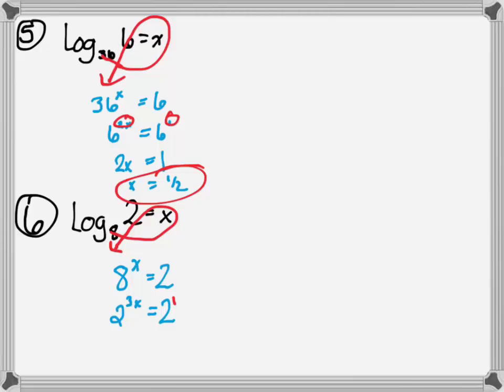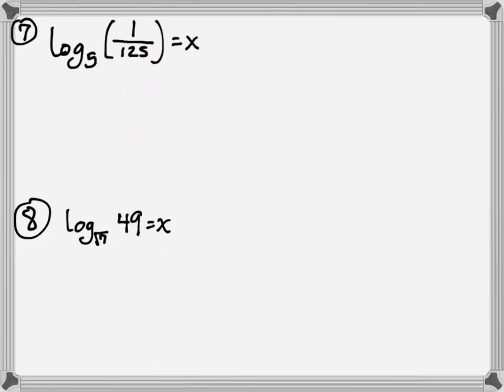Set our exponents equal to each other. 3x is equal to 1, and therefore x is equal to 1/3. And again, on this one, if you identified that the cube root of 8 is 2, and you went x is equal to 1/3, that is okay. That's a shortcut.